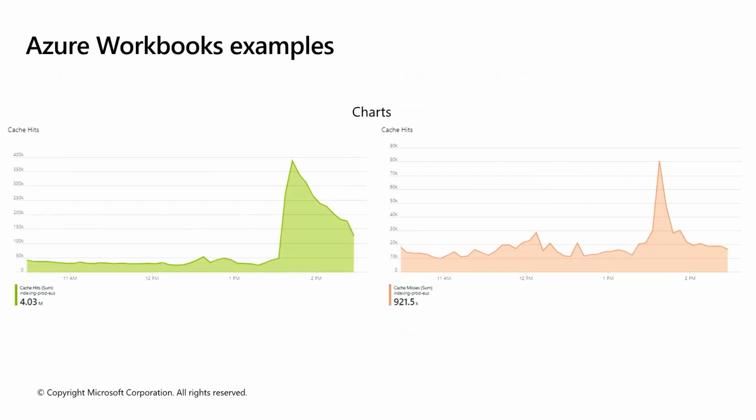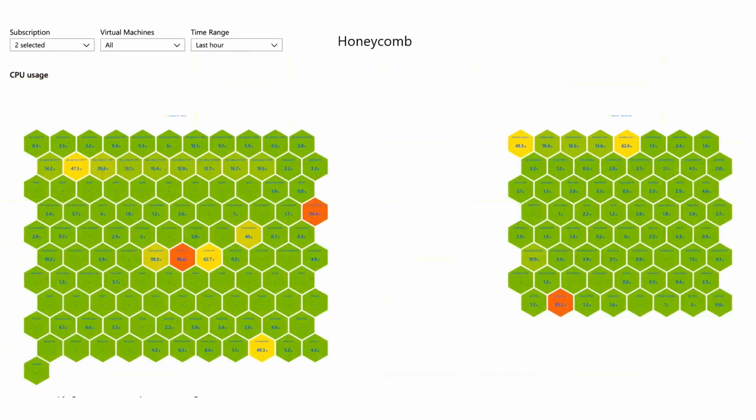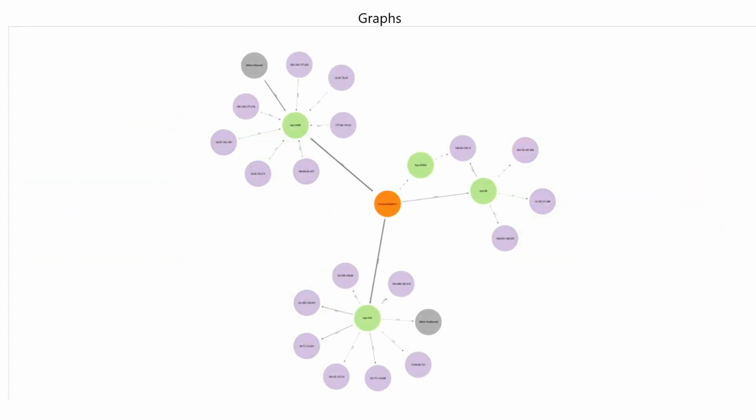Some of the examples of components that you can combine into one workbook include charts, tiles, honeycombs, and graphs. This is a partial list. Keep in mind you can bring much more components so you can get the visual report that you need to analyze your resources and get the insights right away.